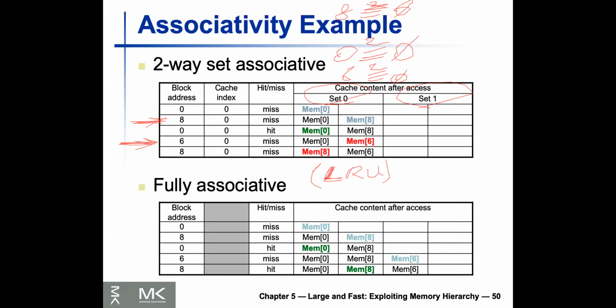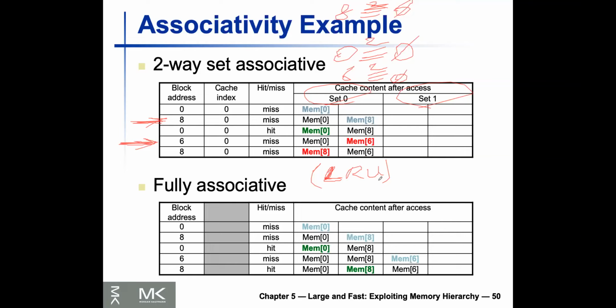So for set associative caches, in this case, we are using least recently used. So the one that was furthest in the past, like some instructions ago, further in the past than the other, was used. That shows that, okay, we might not need to keep it for now.